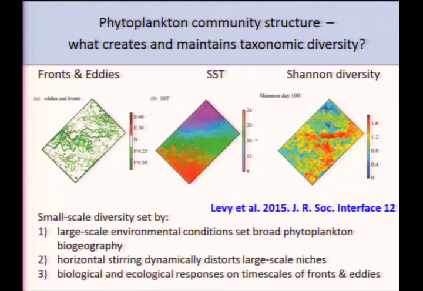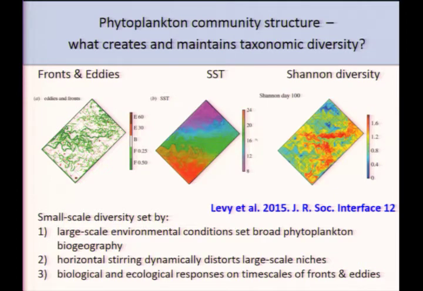The first sculpture is a recent paper by Levy and colleagues who looked at, using the Darwin model, how plankton diversity is influenced on the basin and the mesoscale. And what I took from their paper is that, for small scale diversity, and they're thinking about what happens with fronts and eddies, the large scale conditions set the broad biogeochemistry.